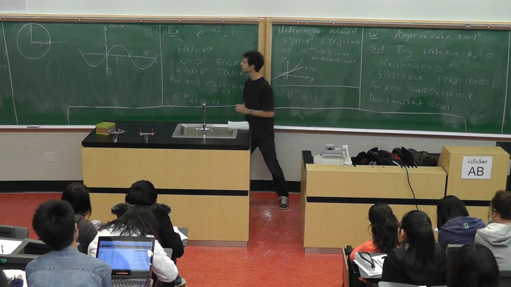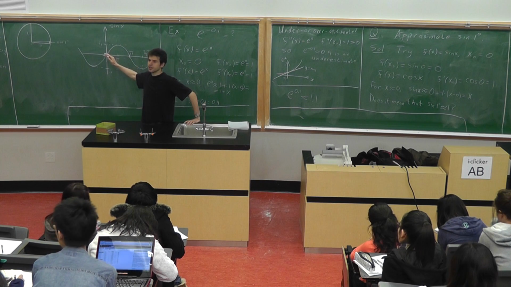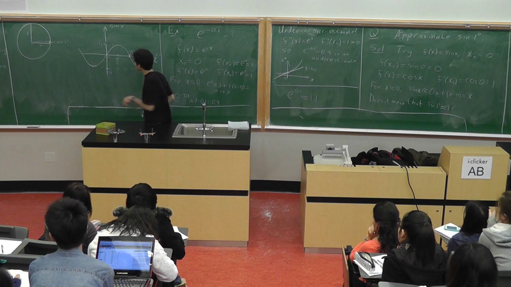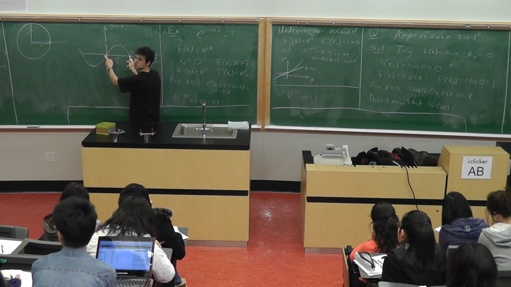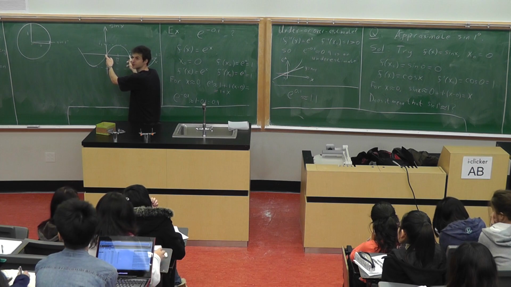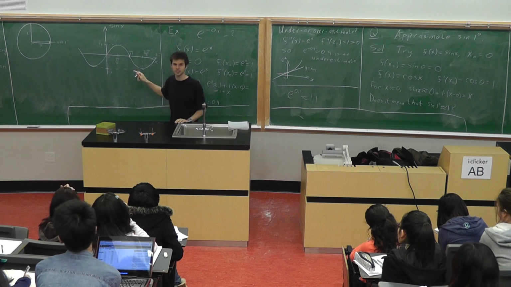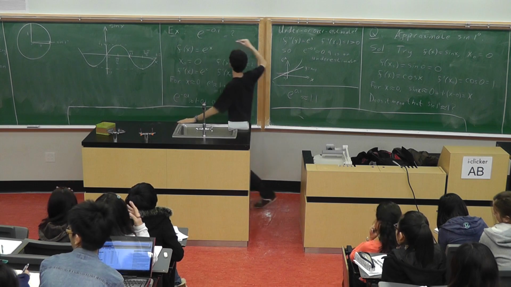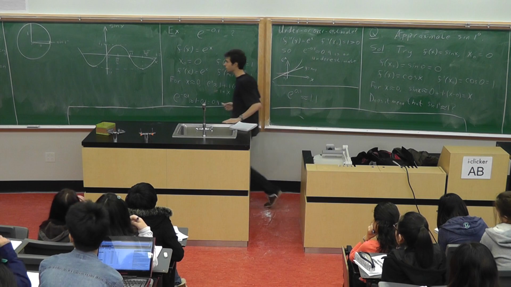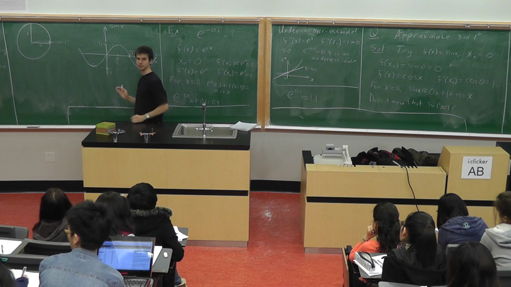Okay, it's good. But then I look at this and I see that I took this distance to be about 3.14. I did not take it to be about 180. 180 would look kind of like this. No, I chose it to be 3.14.